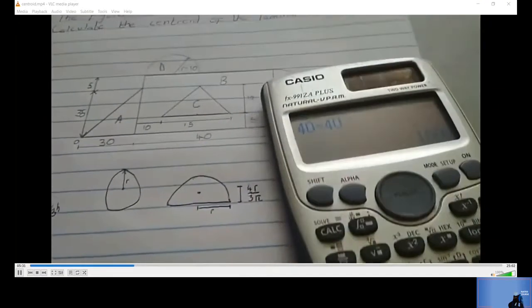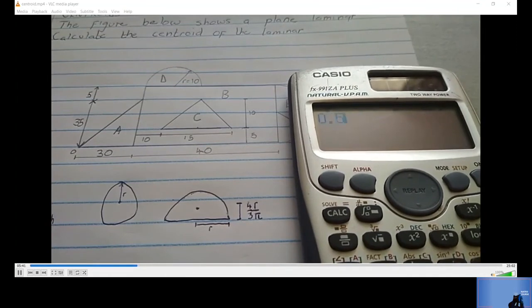Okay, now for C, we go to C. C is a triangle. In our area, once again, half base. Our base is 15, times a height of, we're given a height of 10. We get 75. Now, what you must know is, if you have a shape within a shape, that shape is hollow.